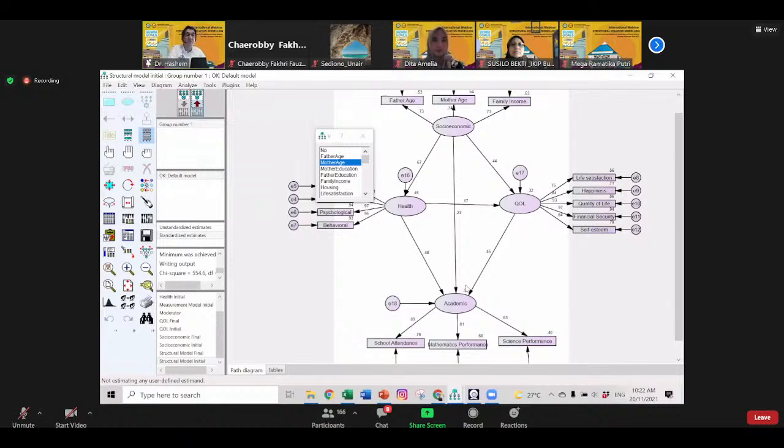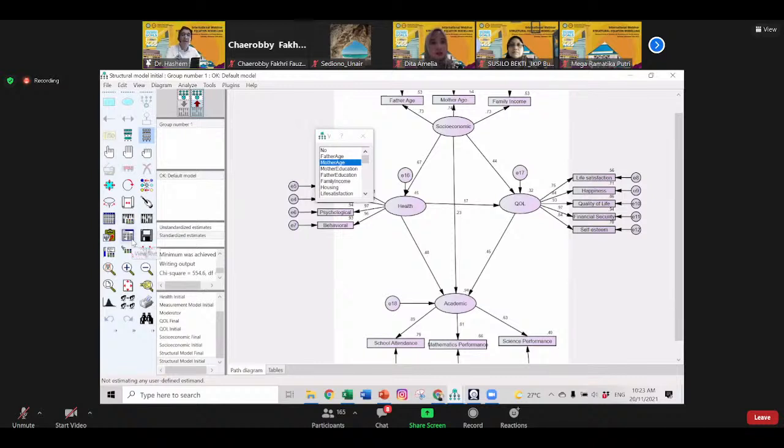For example, here it is 0.94. It means 94% of the variation of academic performance depends on health, quality of life, and socioeconomy. The rest is 6%. There are some variables we don't know, right? So this is the R square. You can see the R square is quite high.